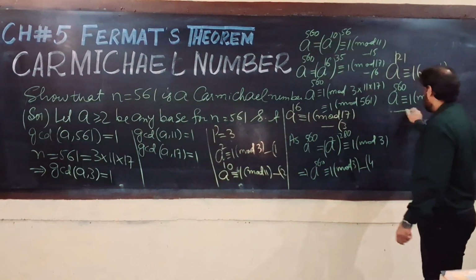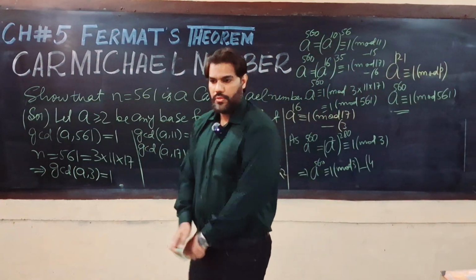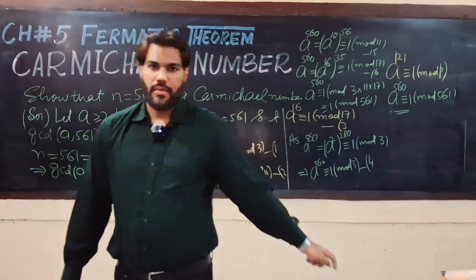And this shows our required result. From this example, you can notice that this shows that 561 is a Carmichael number.